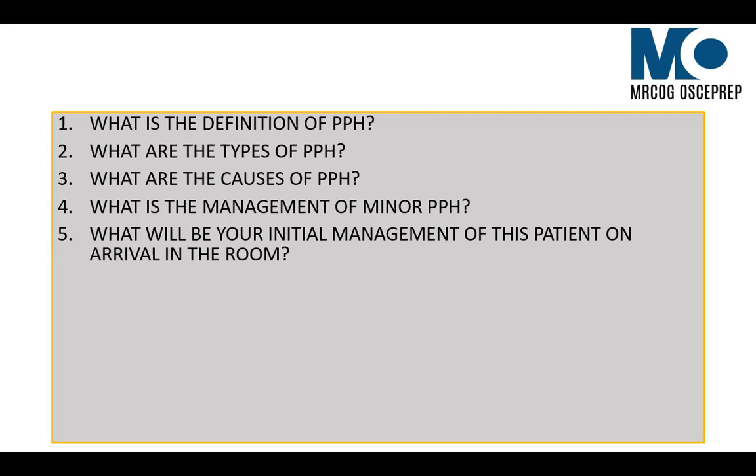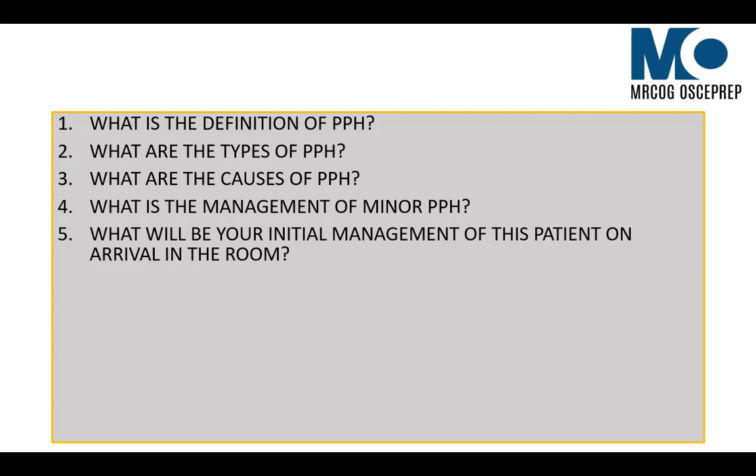And I will give misoprostol 800 microgram sublingually, followed by tranexamic acid 1 gram IV. And if after these measures the patient still bleeds, then I will shift the patient to the operation theater, and I will examine under anesthesia, and I will see whether the uterus is contracted or not.